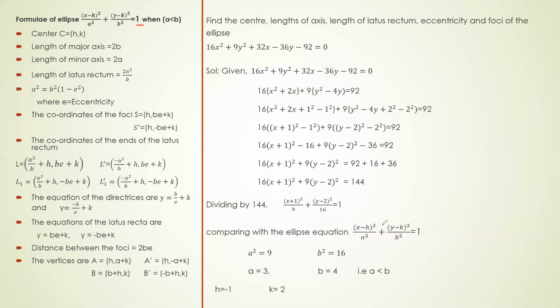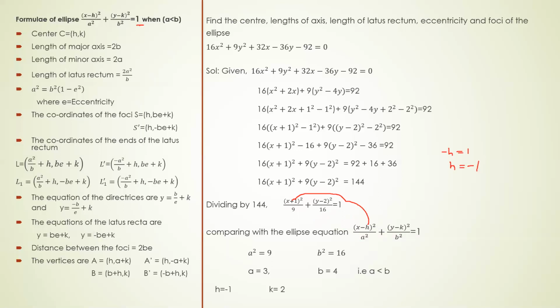And we will compare this to find out your h and k values. So when we compare, here x has a plus sign, and here there is a minus sign. So what we can do is minus h is equal to 1. If you take it to the other side, the h value will be equal to minus 1.